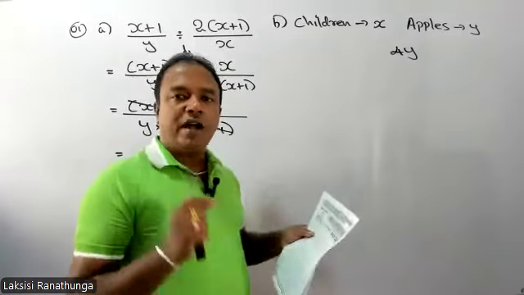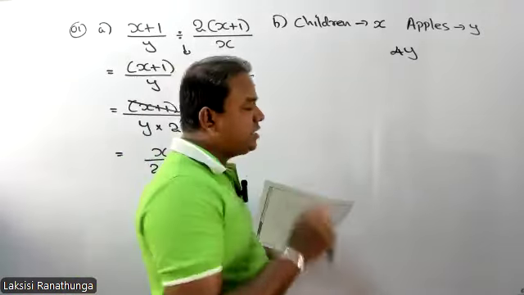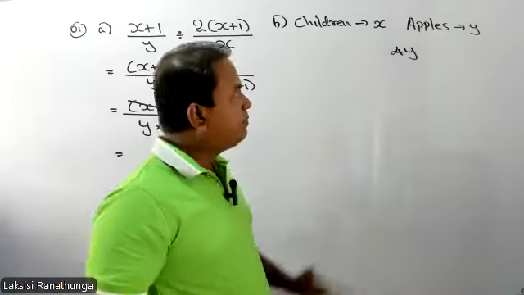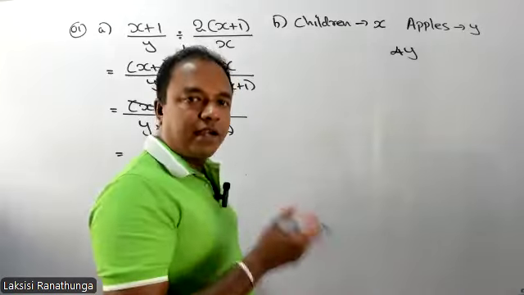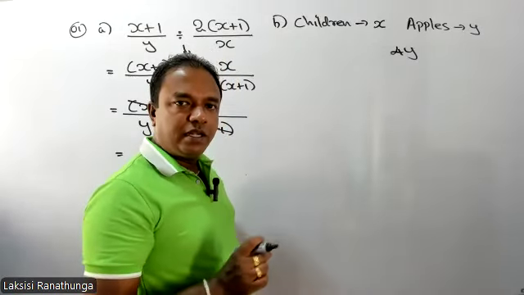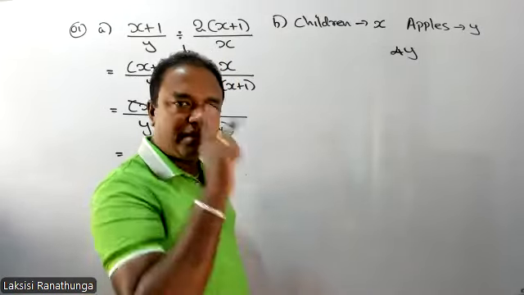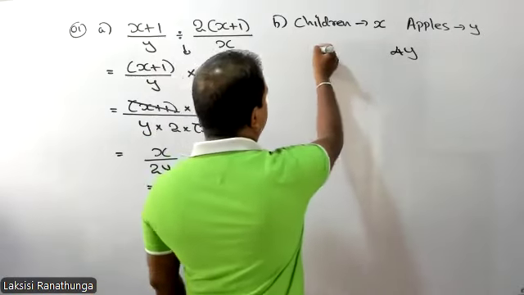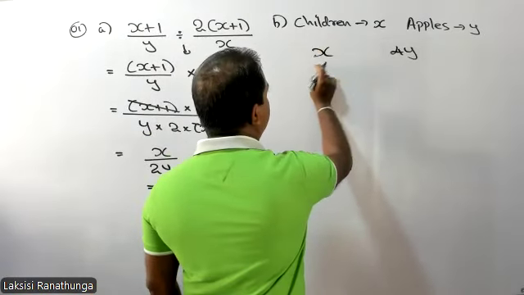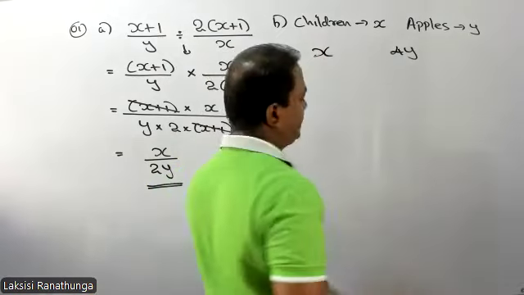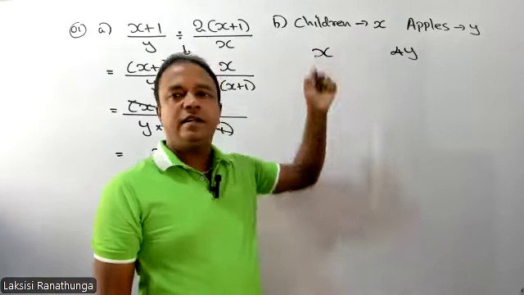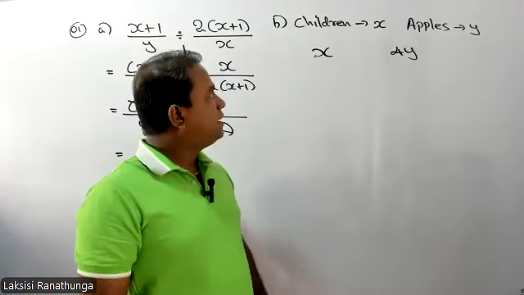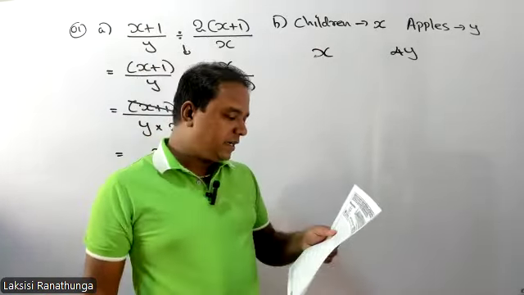If we give 1 piece to each child, the number of pieces given to the children equals the number of children, because each child received one piece of apple. So the total number of pieces given to the children is x. The number of pieces and the number of children are equal.